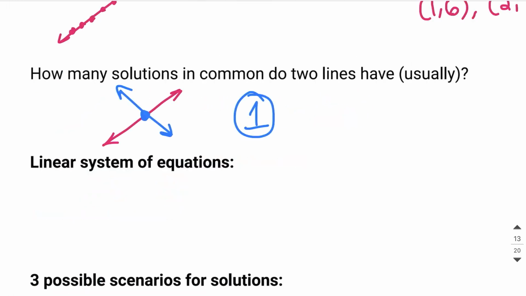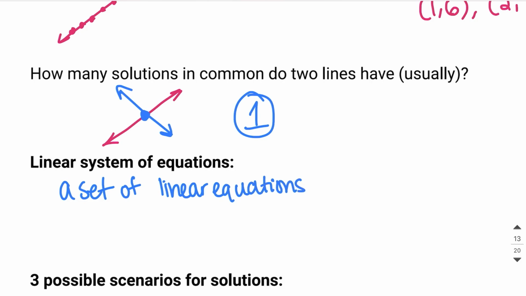So a linear system of equations is a set of linear equations involving the same variables.